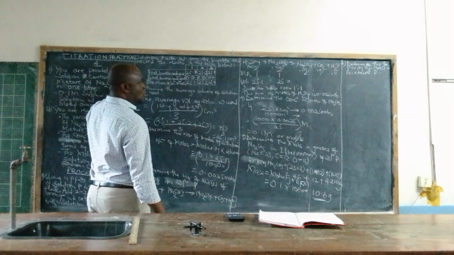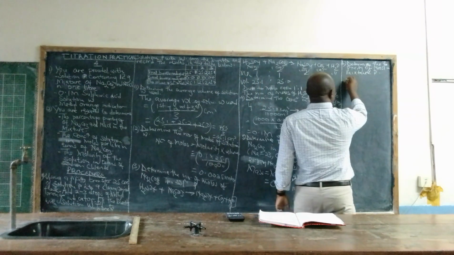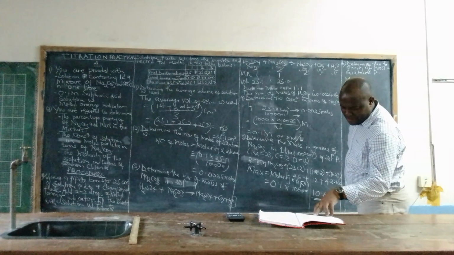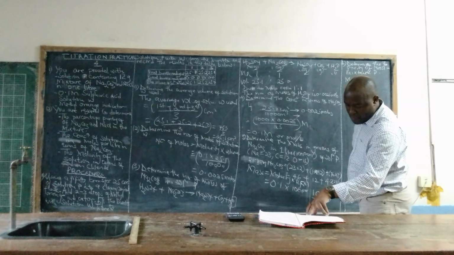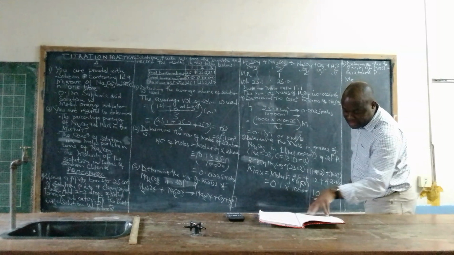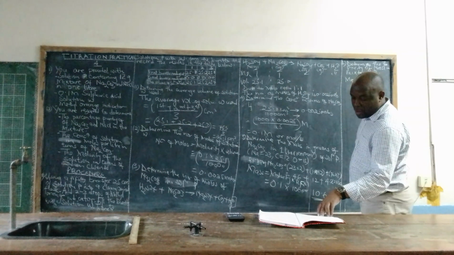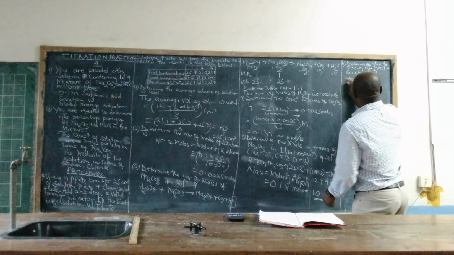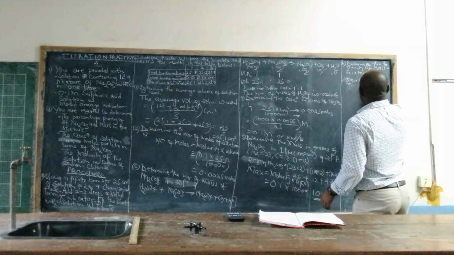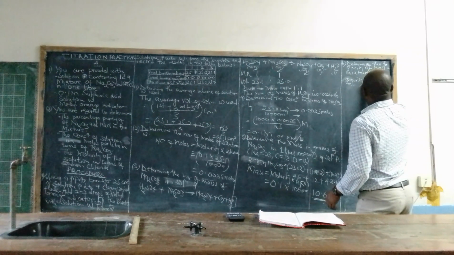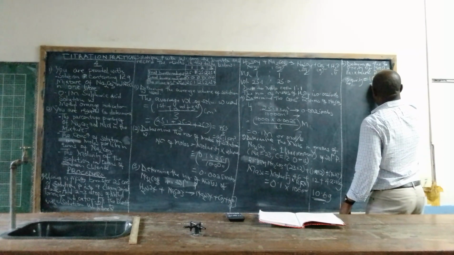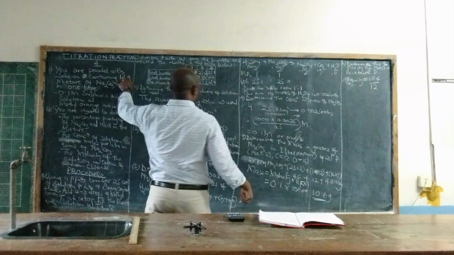These 12 grams, it's going to give us the mass, because we have been told to determine the percentage purity of sodium carbonate in mixture P. Percentage purity is equal to this mass here, 10.6 over 12 grams.